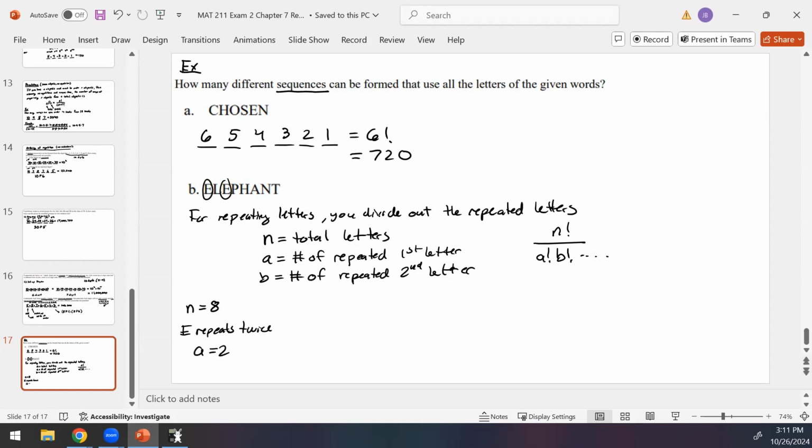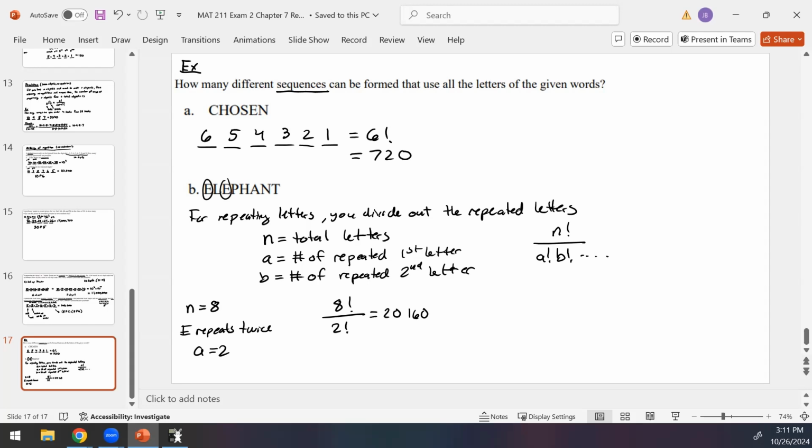So a is equal to 2. And so if you just plug into that formula, you get 8 factorial over 2 factorial, which would be equal to 20,160. Okay, just like that.